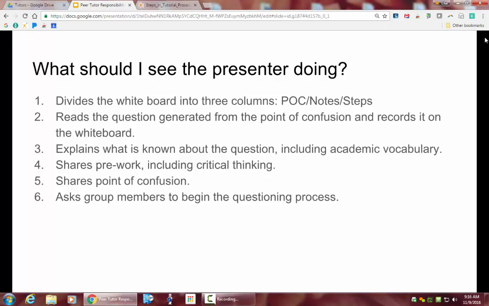And again, it's important to include that academic vocabulary to reinforce the learning of the vocabulary. Share your pre-work, including the critical thinking of what you think you need to be going through in the steps for solving the problem. You share your point of confusion, and you ask group members to begin the questioning process. So again, that is what the presenter should look like.